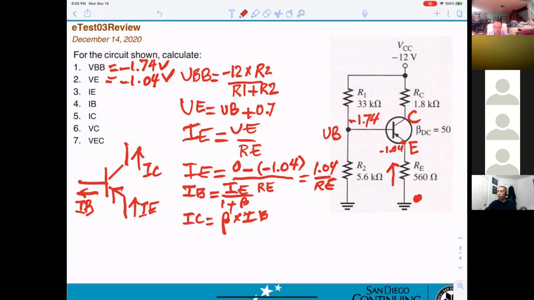And if you calculate the VC, then you still use the same formula, negative 8.832 volts. VEC will be VE minus VC. You already know VE, you already know VC, then you can calculate the VEC.